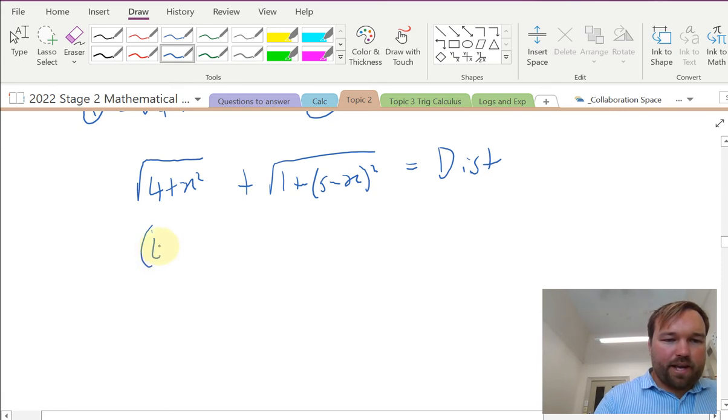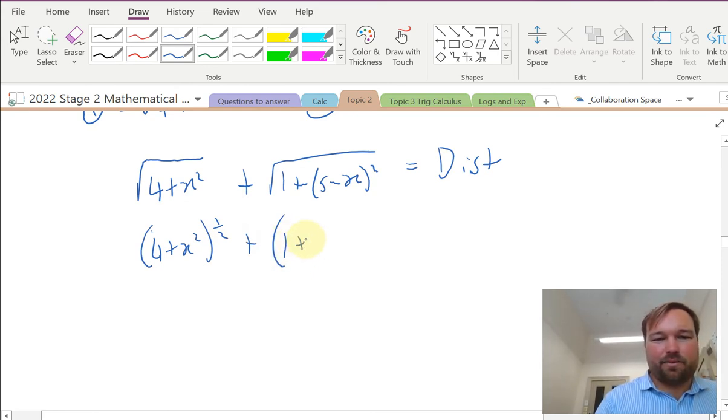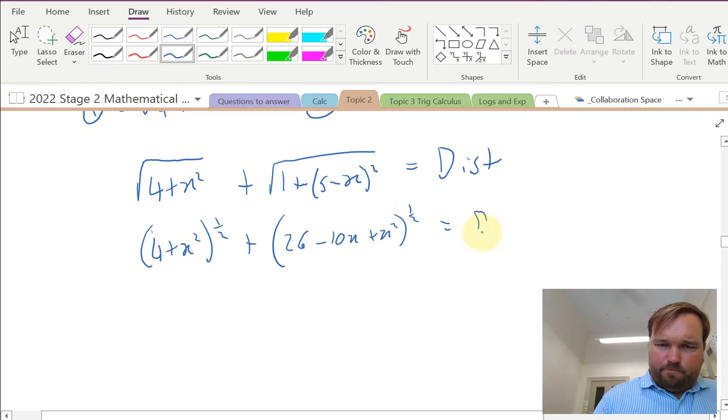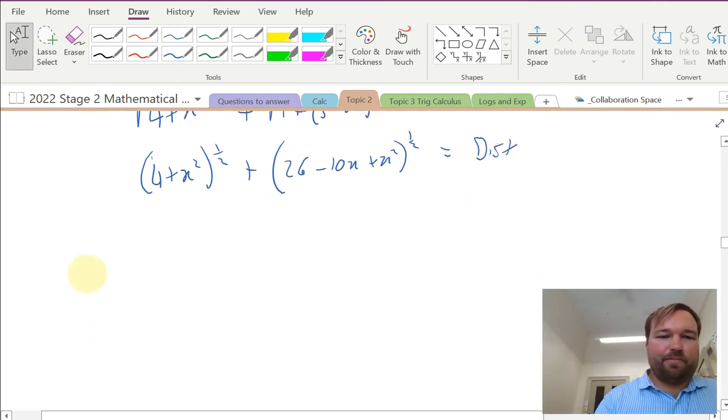I would write this as 4 plus x squared to a half, and I would write that as 1 plus, and honestly, I would probably expand this out. I would call that 25 and 1 is 26 minus 10x plus x squared to a half. All right, then if I was going to differentiate it, you can do them in portions.